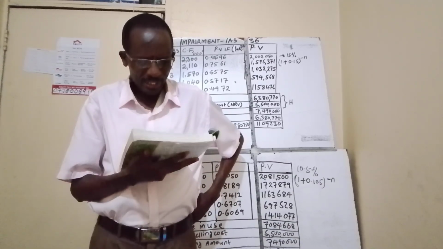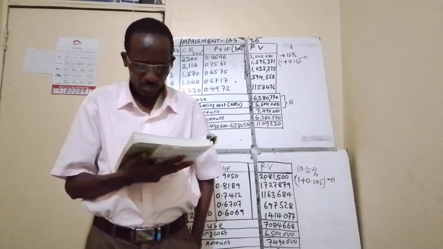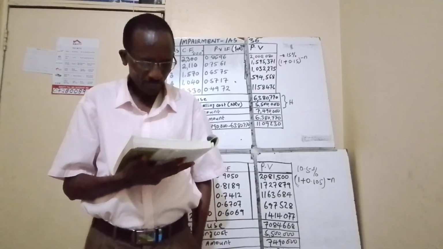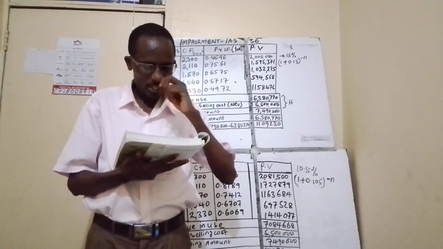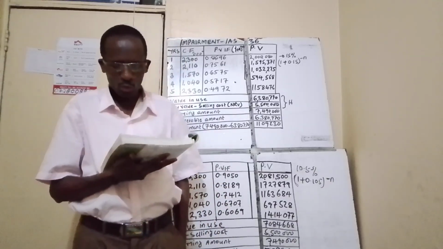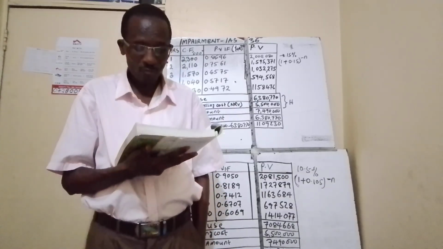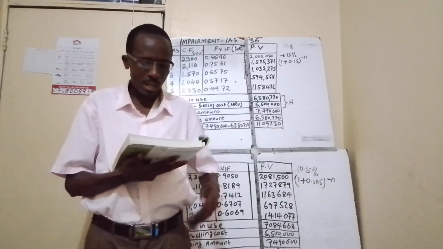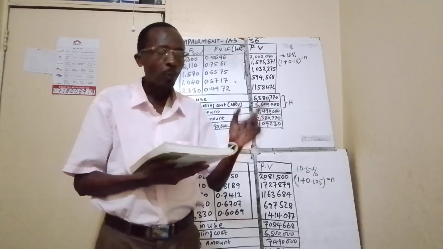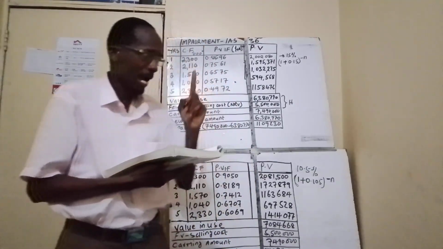The carrying amount is the value attributable to the asset for accounting purposes, i.e., the net book value. The recoverable amount is the value attributable to the use, that is value in use, or sale of the asset, i.e., net realizable value, whichever is higher.